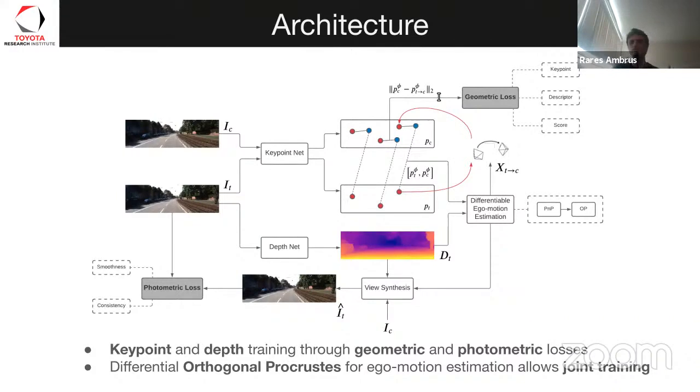And I'll just briefly mention that each one of these loss terms is in fact made up of three separate losses. So we have the keypoint, descriptor, and score loss for the geometric term, and we have the smoothness, consistency, and photometric loss for the appearance or photometric term, with detailed definitions and derivations also given in the paper.